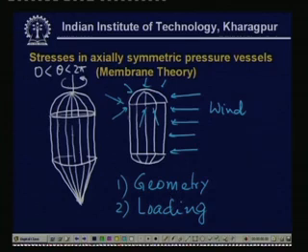Now, here we consider such kind of pressure vessels which contain liquid and or gas which exerts a uniform pressure throughout. Definitely the loading is uniform, that is, if you look from any side we can have the same type of loading. So, therefore, loading is axisymmetric, geometry is axisymmetric, and this is axisymmetric pressure vessels. Here we want to consider the different stresses in such axisymmetric pressure vessels. So, let us take up that.